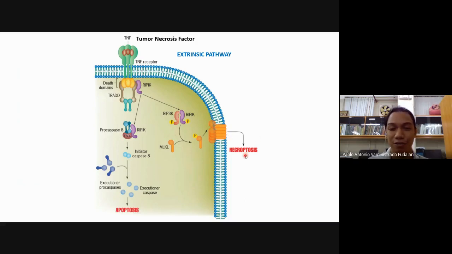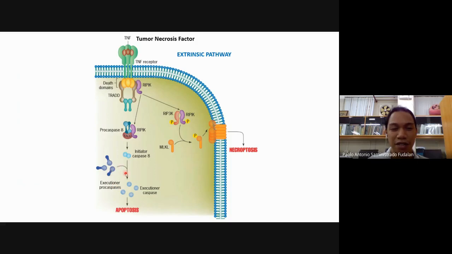So that's necroptosis. In apoptosis, the same ligand, tumor necrosis factor, will stick to the receptor, and then RIPK will also be activated. But here it goes a different path. It actually activates the initiator caspases, which themselves activate the executioner caspases.